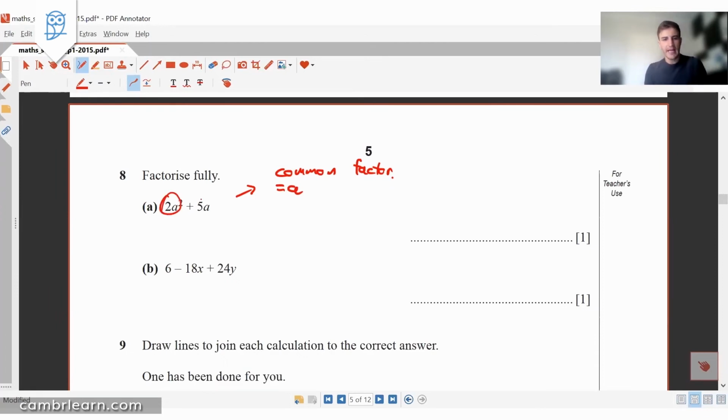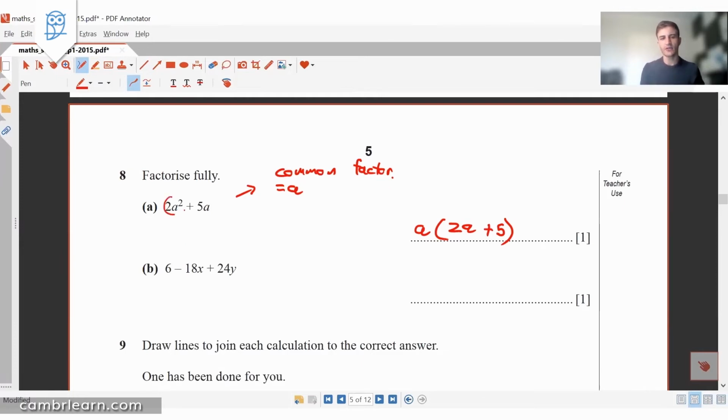Both this term and this term contain an a. So that means that I have to take out an a. If I take out a, what will be left? We will have a 2a, and in this term, what will be left is a 5. Remember, this is just the reverse of the distributive rule.